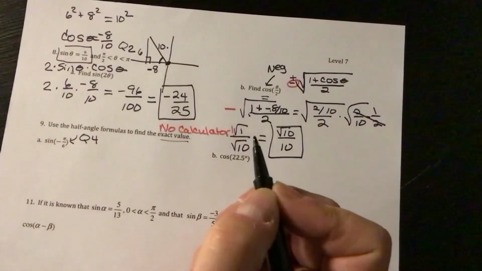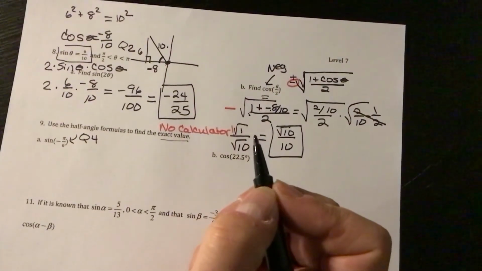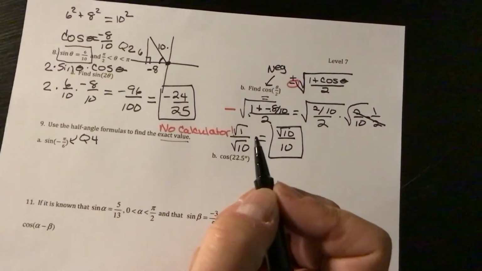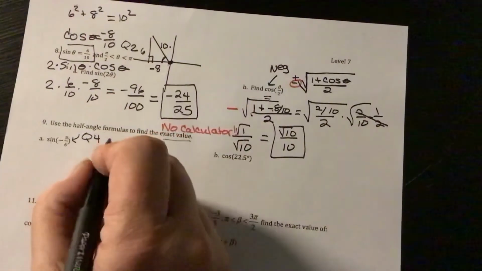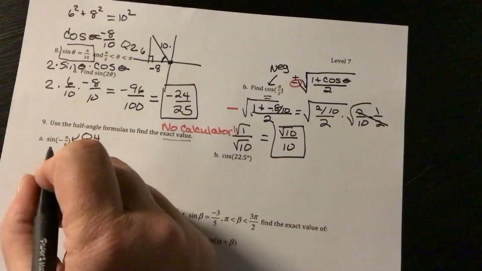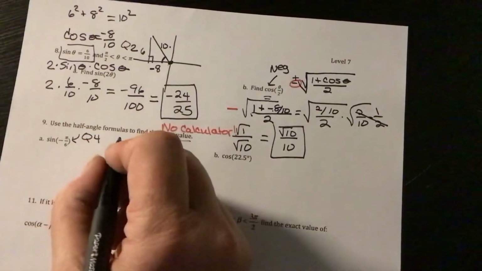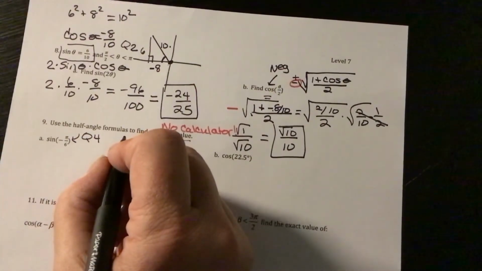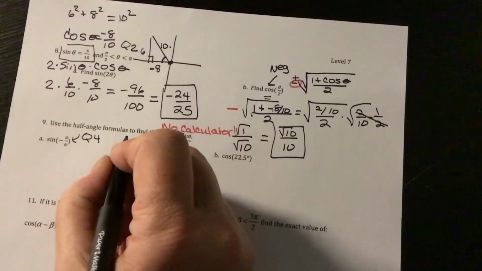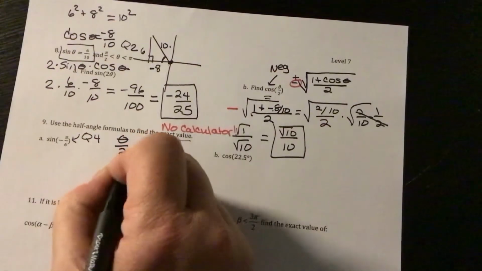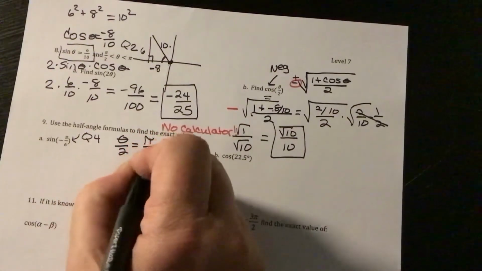And if I were to look at that angle, sine of negative pi over 6 would be, I'm doing theta divided by 2. So my angle divided by 2 is pi over 6.